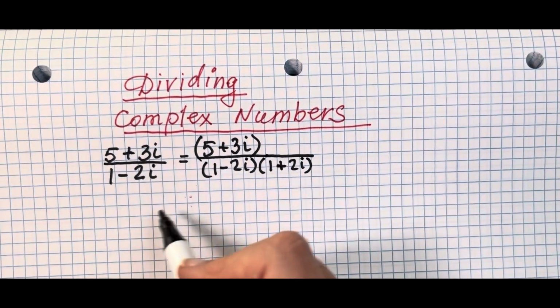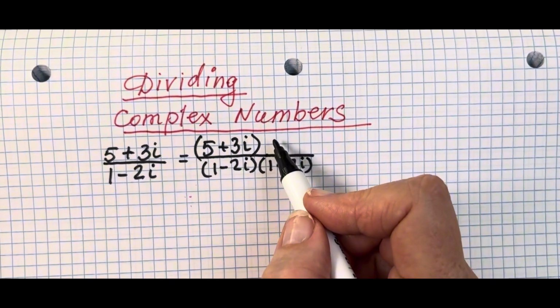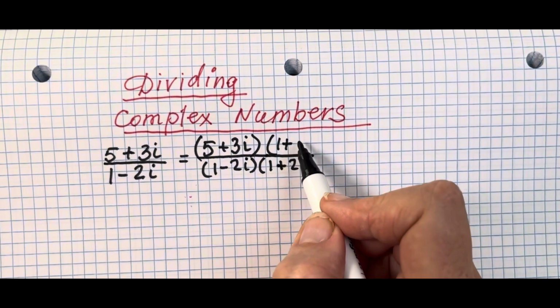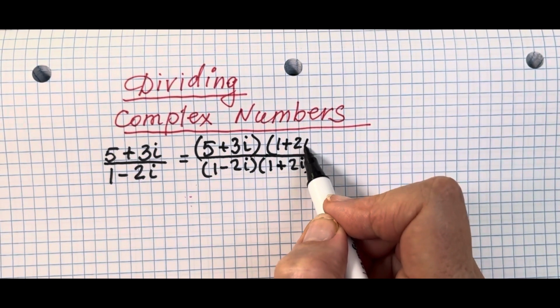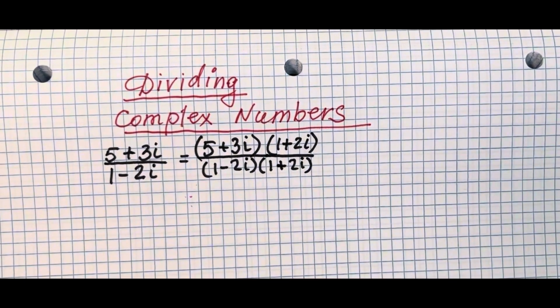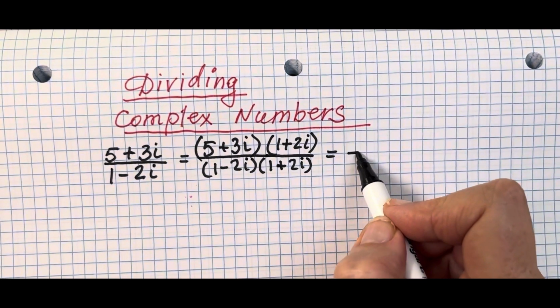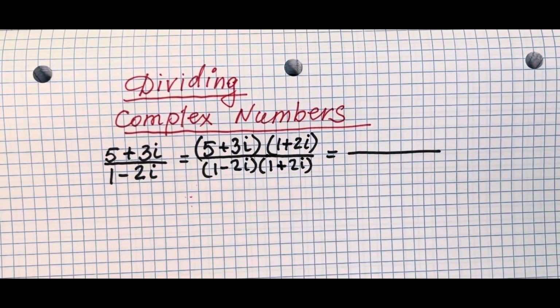To keep the same equivalent expression, we have to multiply the numerator by 1 plus 2i as well. But doing so, remember, when you're multiplying two conjugates, you always will have a real number.